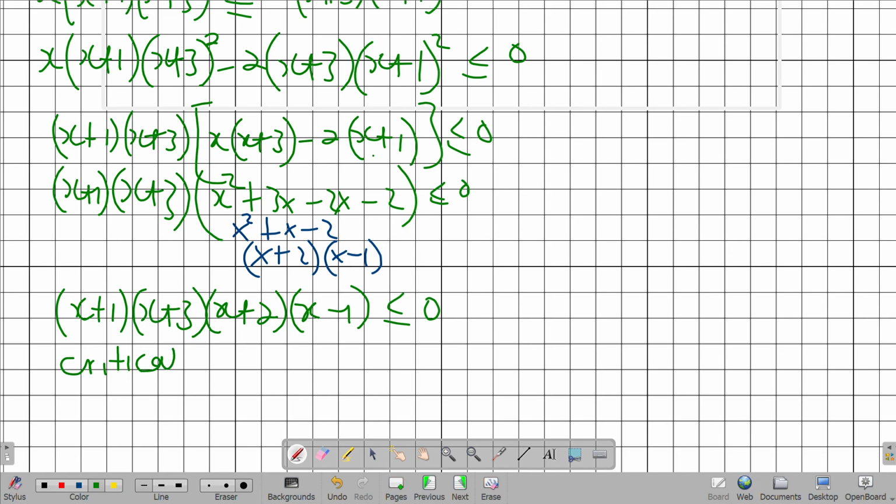Normally you don't write this in the exam, you just say CV. Critical values: x is equal to minus 1, x is equal to minus 3, x is equal to minus 2, and x is equal to 1. Those are the critical values.